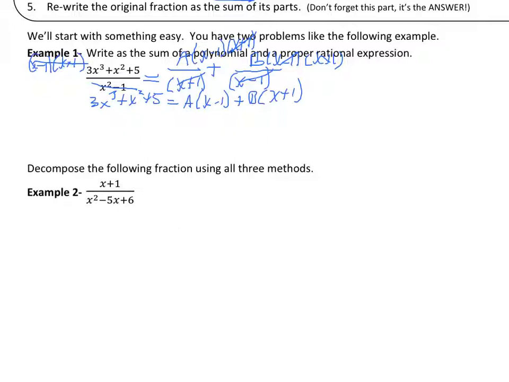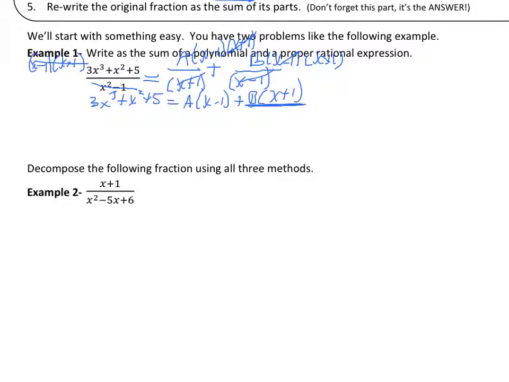Now our goal is to solve for A and B here. We're not going to do it simultaneously; let's do it one at a time. We're going to use what's called the sweet numbers method. If I want to solve for A, I've got to eliminate B. What's the best way to eliminate B? By making x what? Not 0. I want to make that x plus 1 equal 0, so I want x to be negative 1.